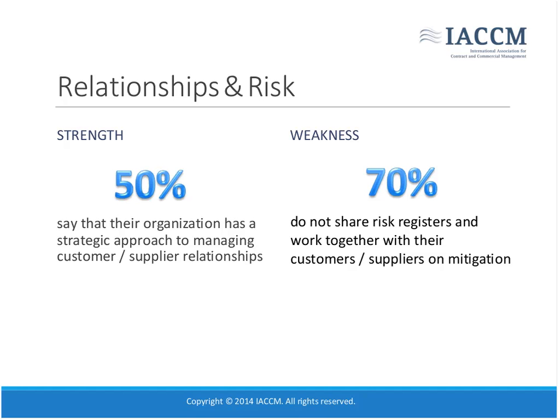However, 70% don't share risk registers and don't work together with their customer suppliers on mitigation. So how effective is this strategic approach to managing a relationship if we don't actually have shared understanding of what the risks are and if we're not working collaboratively to mitigate them? I think that raises some real concerns, doesn't it, Richard?